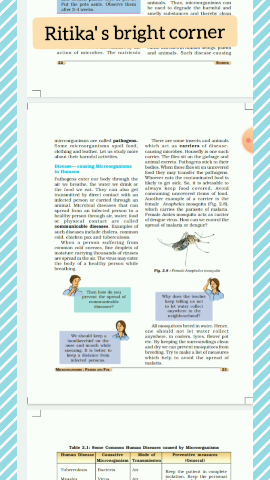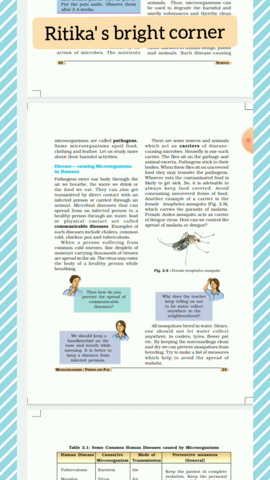If there is open food on which the fly sits, the pathogens can stick to it and may cause food poisoning. Also, the female Anopheles mosquito carries the parasite of malaria. This mosquito also acts as a carrier of the dengue virus.